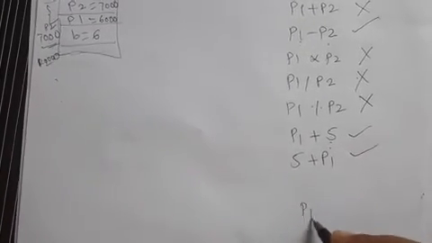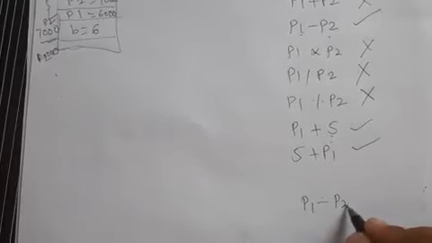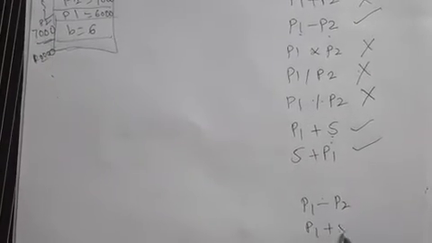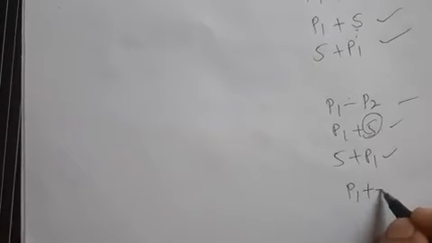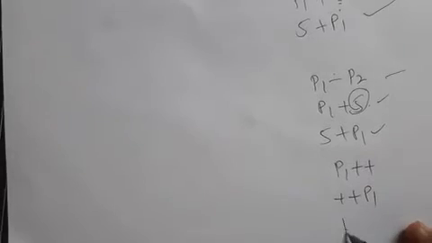So the possible arithmetic operations we can do are P1 minus P2, P1 plus 5, any number, not just 5, and 5 plus P1. This is correct. And the very next point is, we can also have pre-increment and post-increment, like ++P1, P1++, --P1, P1--, because you already know it is nothing but P1 plus 1.